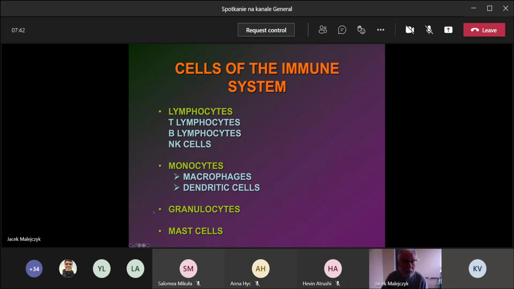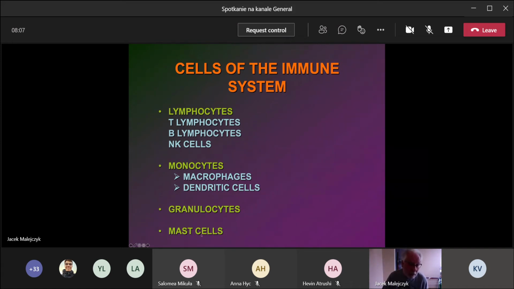Finally, we have also granulocytes, 3 types of granulocytes, as you remember from our blood class. They are present mostly in the blood, but they have a possibility to go to the tissues where they participate, usually or mostly in responses against bacteria.